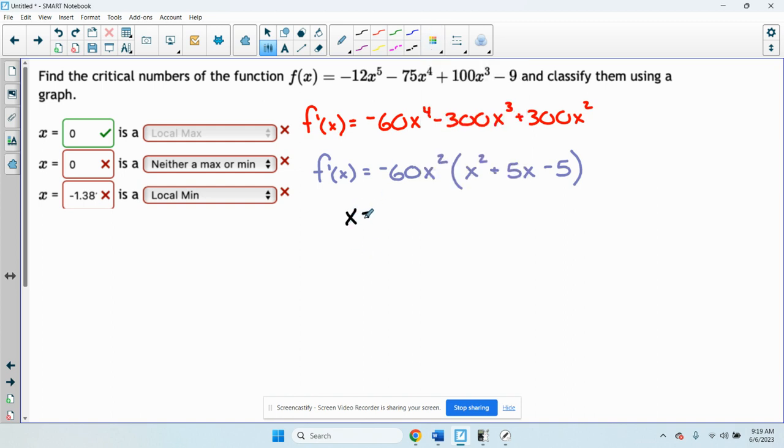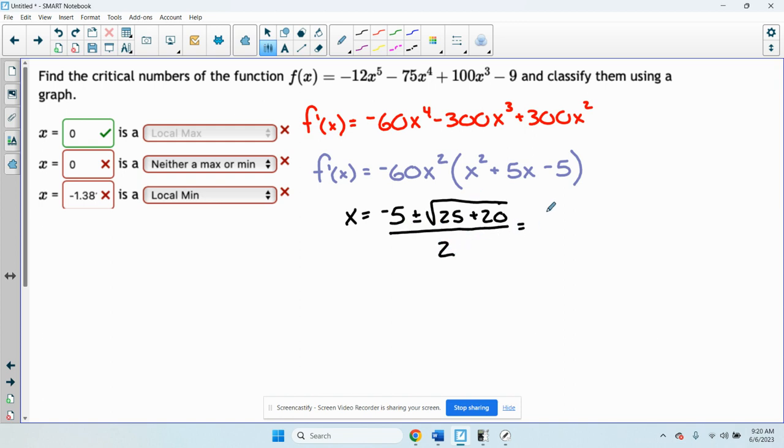We get x equals negative b, which is negative 5, plus or minus the square root of b squared, which is 25, minus 4 times 1 times negative 5. 4 times 1 times negative 5 is negative 20, so that's going to be plus 20, all over 2a, so all over 2.